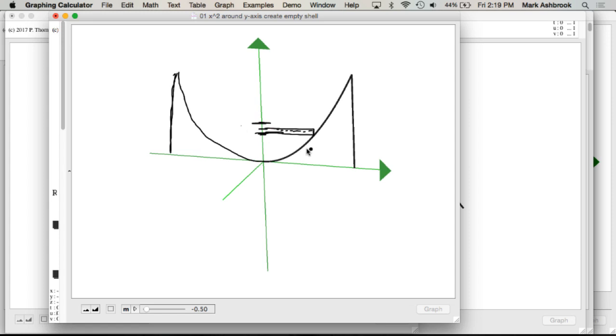Uh-oh, but I'm going to be over here, right? That's not, the empty shell is over here, so I don't want that. I want this over here. So here's the current value of y, here's the value of y at the start, so I'm going to draw this. So that's the rectangle or the slice for the current value. I meant to do it to y.